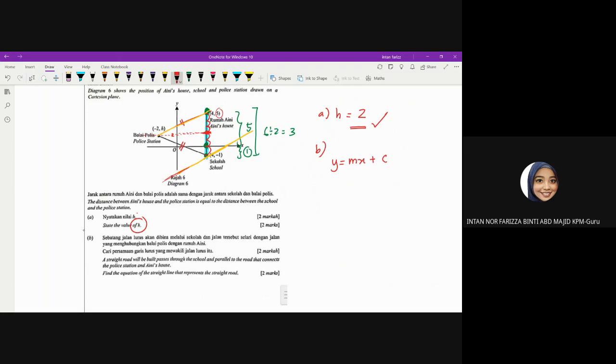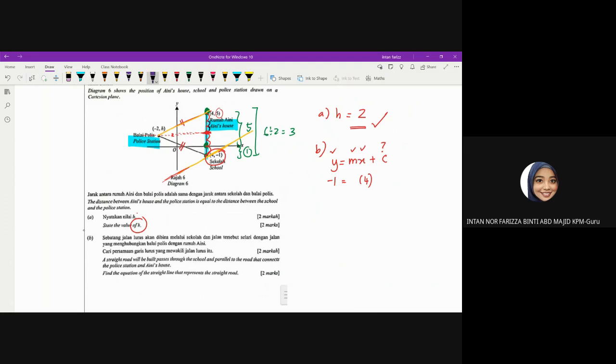No, we don't have any, so we have to find it. To find c, we substitute y, m and x. X and y are the coordinates of the school, so we have -1 for y and 4 for the x coordinate. What is m? We have to find m by borrowing the positions of the police station and Aini's house.